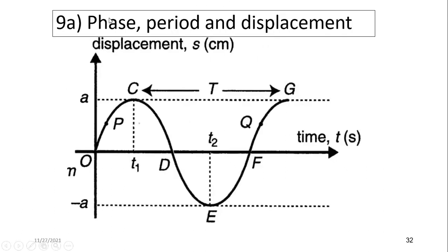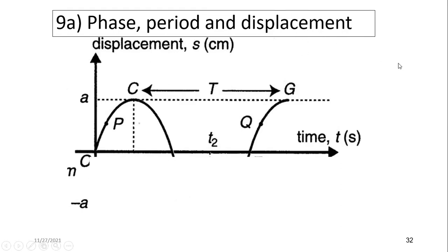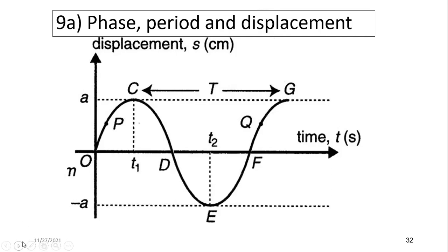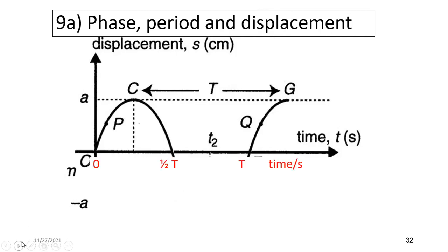Okay, so phase, period, and displacement graph, or this should be wavelength. This is a sinusoidal graph, a sine graph. You can read either, as I've always said, in terms of period or time. Then this will be 0, this will be half a period, this will be a period. Or in terms of wavelength, then this is 0, this is half a wavelength, this is your wavelength. This is a quarter wavelength.